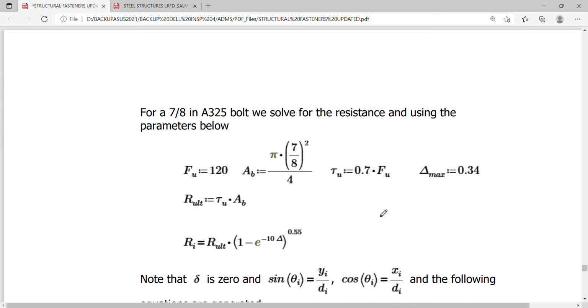AB is simply the area of a circle which has a diameter of 7/8. Tau u is 0.7 of Fu. Okay, in this regard, we're not following here the von Mises criterion on the ultimate shear strength.